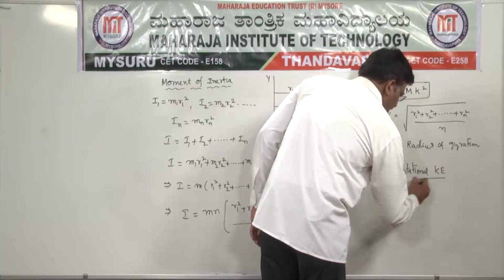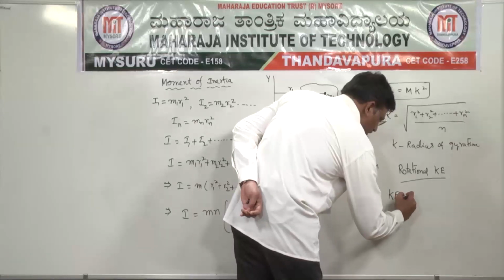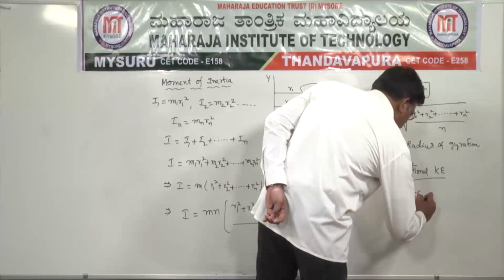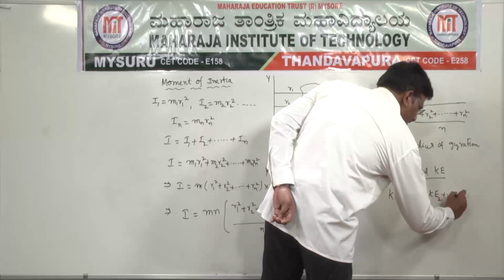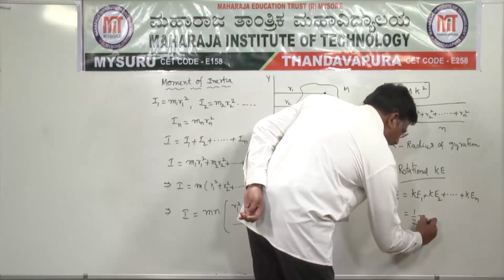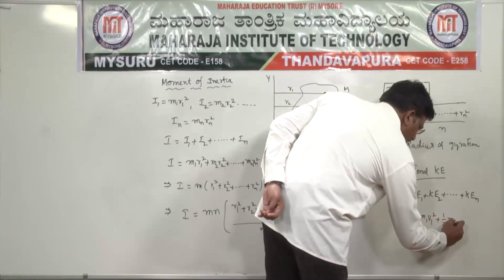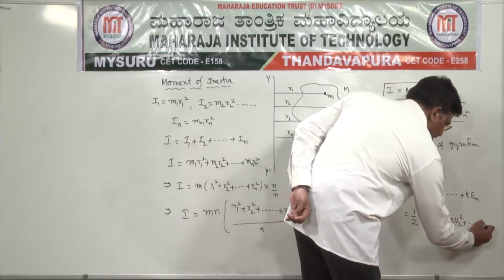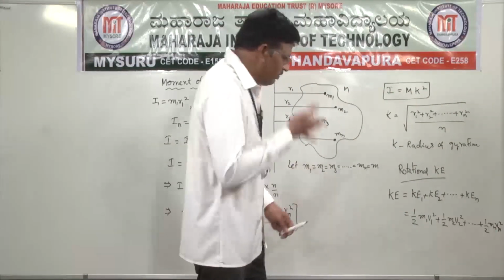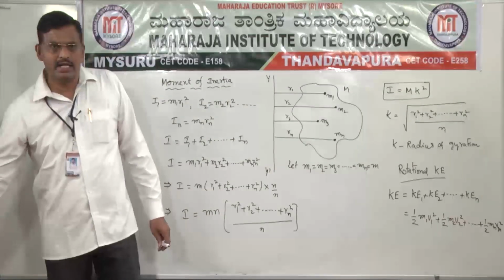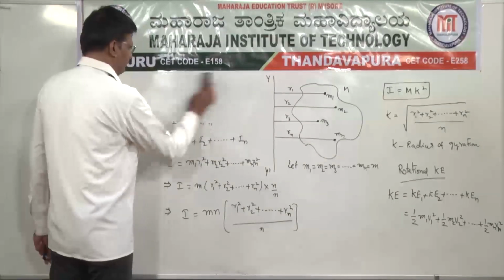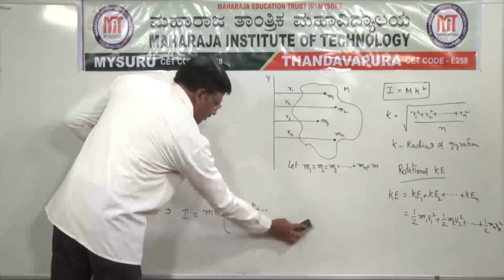The kinetic energy of the total rigid body can be written as KE is equal to KE1 plus KE2 and so on plus KEn, that is equal to half m1 v1 square plus half m2 v2 square and so on plus half mn vn square, where v1, v2, v3 and so on to vn are the linear velocities of each and every particle.